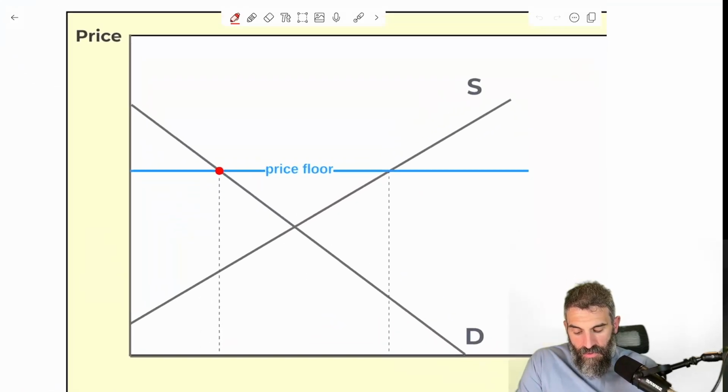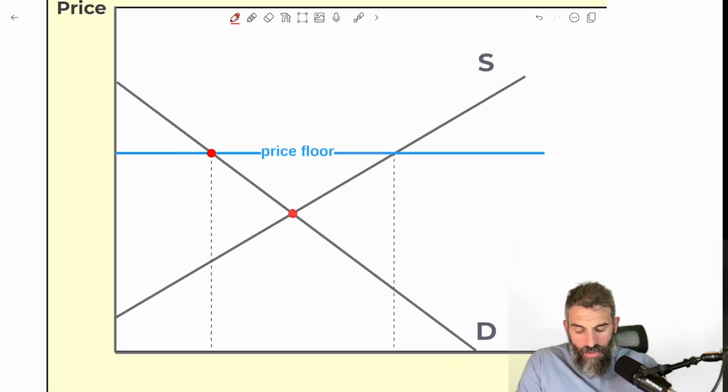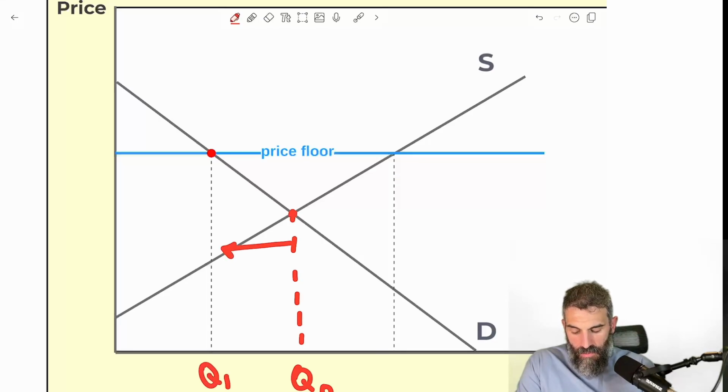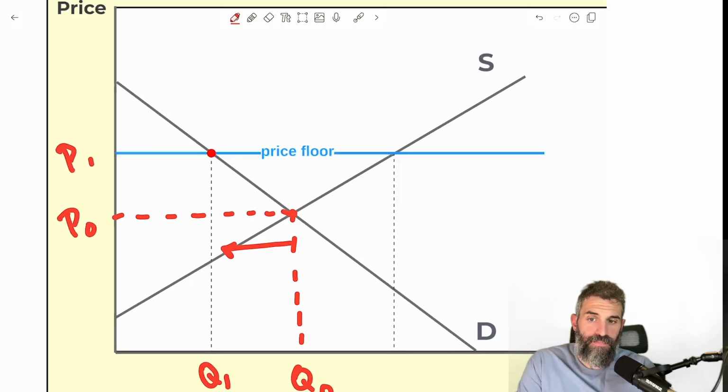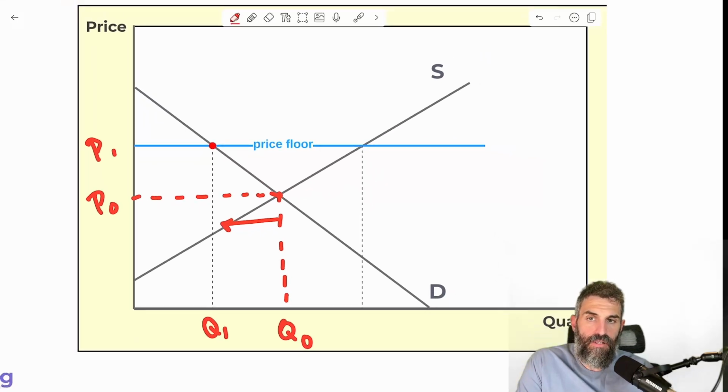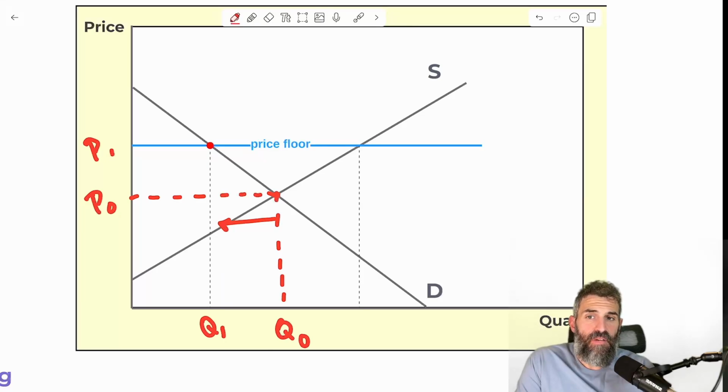And what it'll do, it will move the point of exchange from the equilibrium, from whatever this is, we'll call this Q0, back to Q1, because it's pushing the price up from the equilibrium, which we'll call P0, to whatever P1 is. So by forcing the price to be higher, they're effectively decreasing the quantity that will be purchased, right? Because consumers, like we talked about in the theory of demand, if the price is higher, they're less willing to buy.